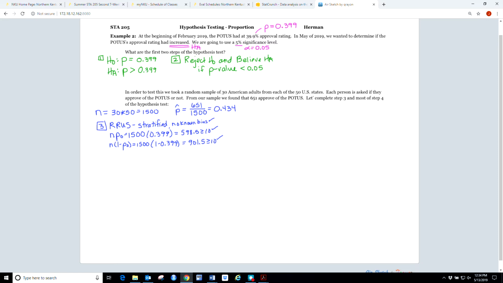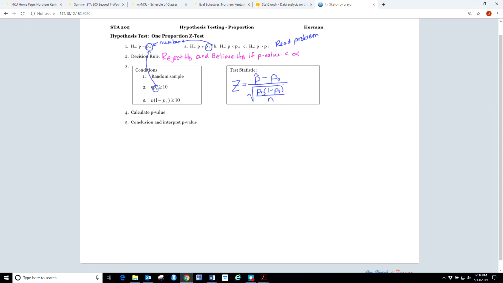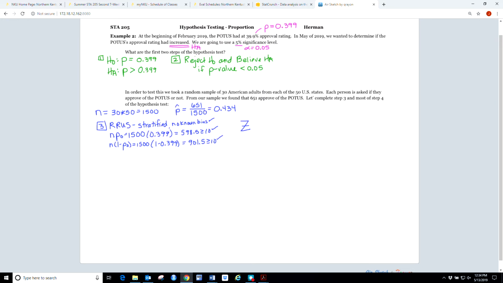I can also now calculate my z. So going back and looking at the formula for z, p-hat I know now, that's my 0.434. p0 we just used in those conditions to be 0.399. And we also know our n is our 1,500. So I have all of the numbers to be able to calculate my z. So again, our p-hat is 0.434.